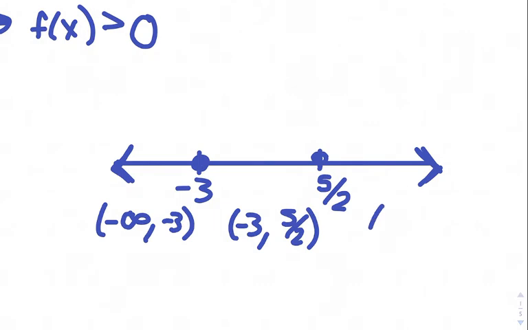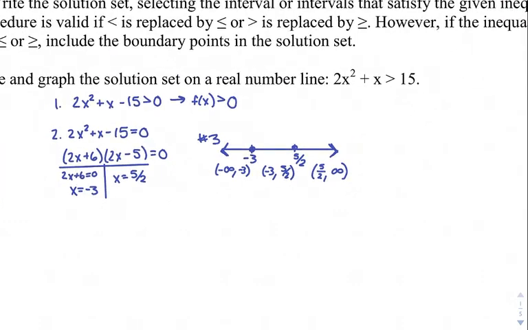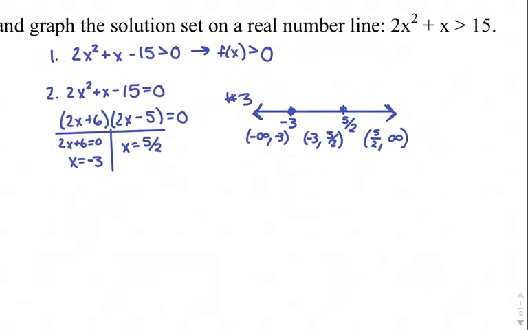And the third interval is from 5 over 2 to infinity. Those are the three intervals I'm going to concentrate on, and that's step 3. So we solved our equation, then we figured out what intervals I need to check.